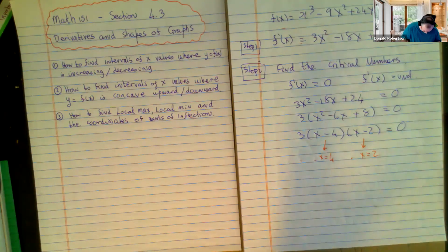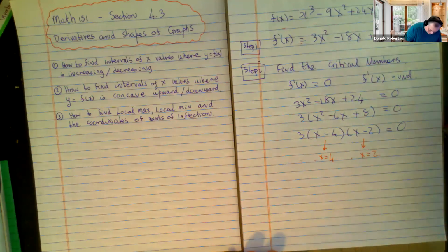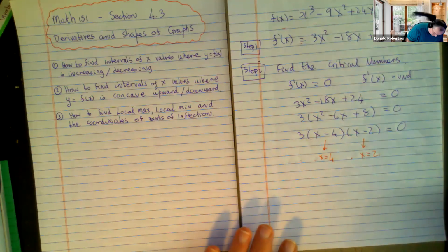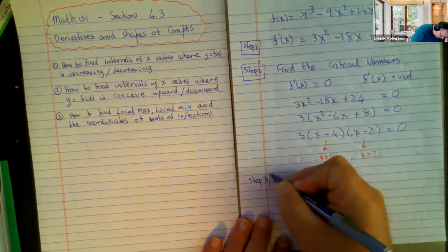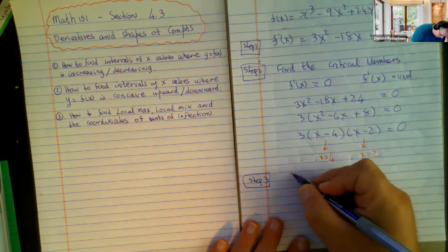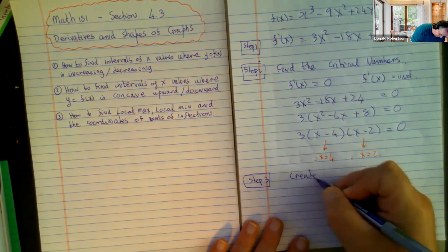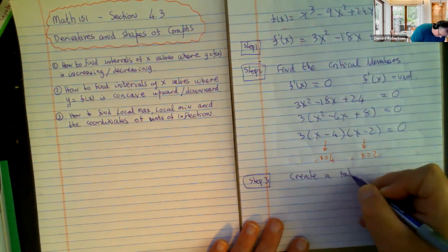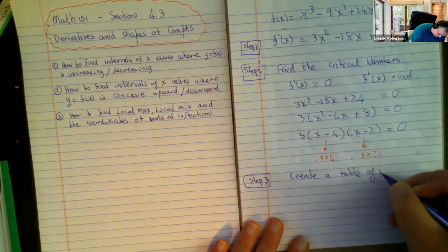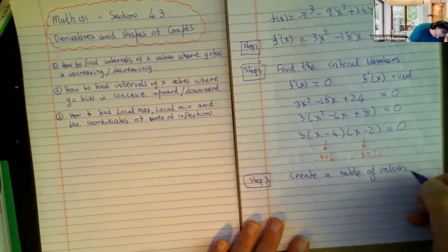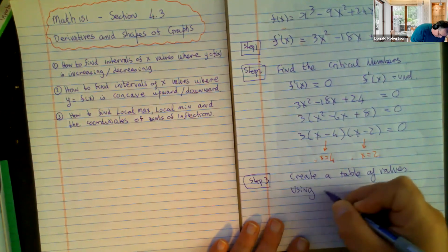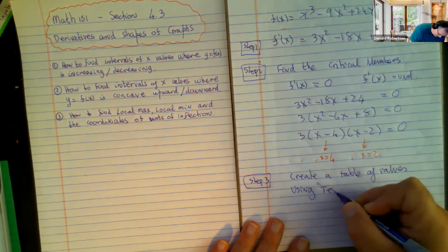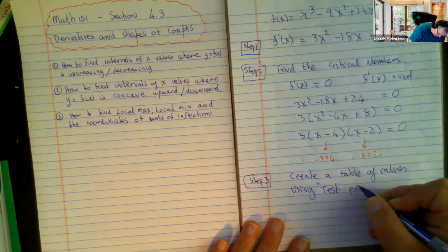Well, that's great, but that's only step 2. We haven't done enough yet to identify when it is increasing or decreasing. So this is where step 3 comes in: create a table of values using what we call test points.